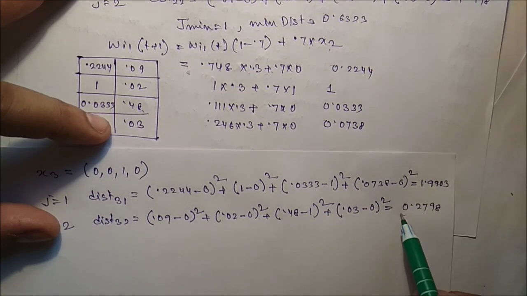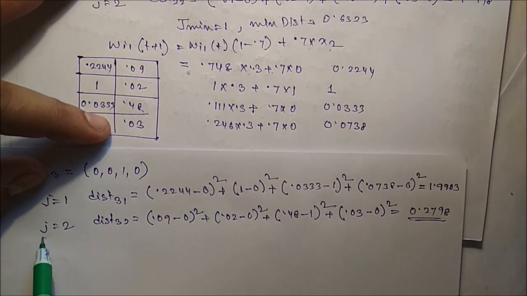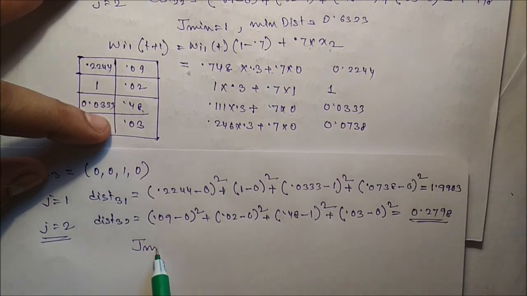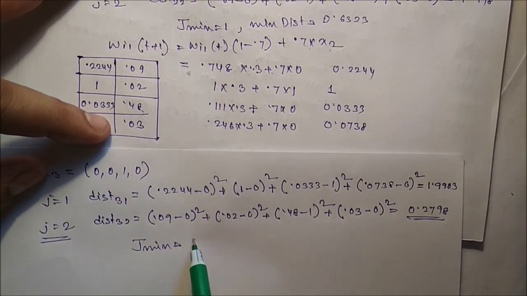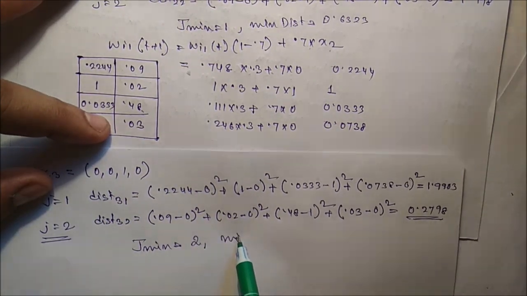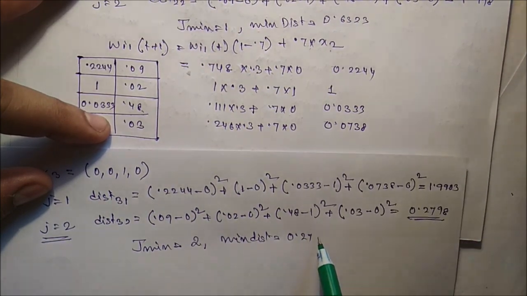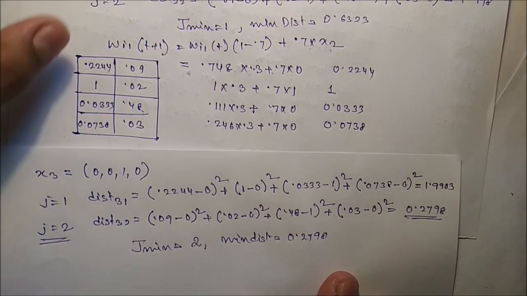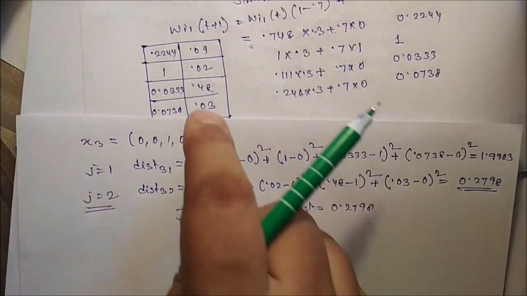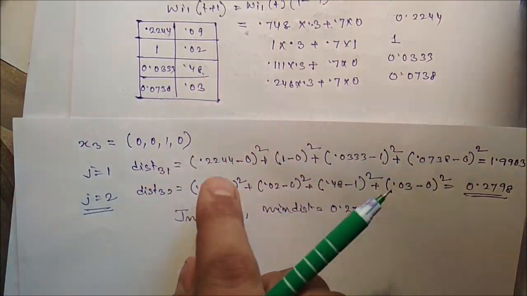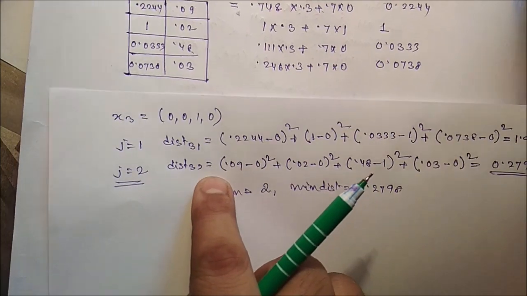Here the minimum distance is, this is the minimum distance when j is equal to 2. So that means j minimum is what? J minimum is 2 when the minimum distance is 0.2798. So we have to update the second column. Okay, so because j is equal to 2, so we have to update the second column.